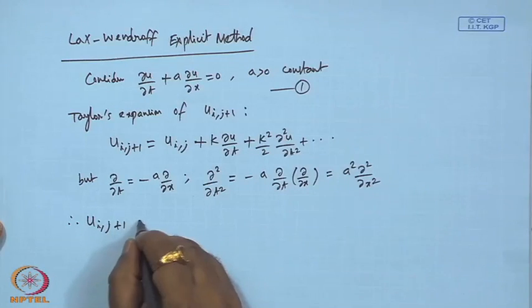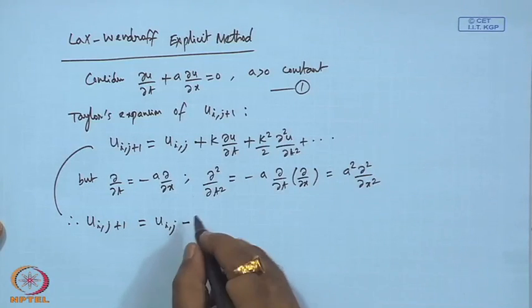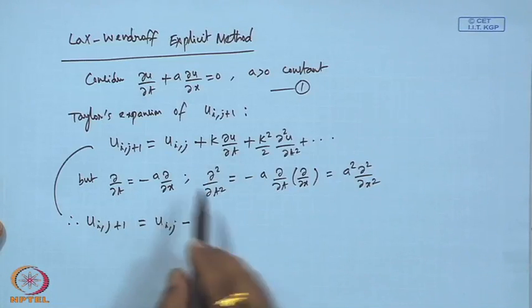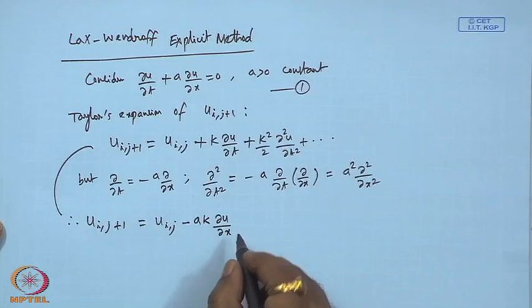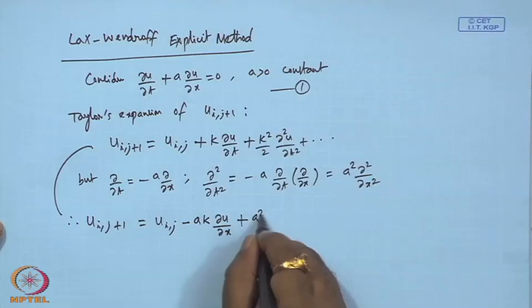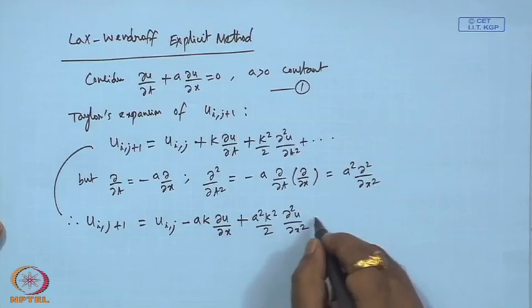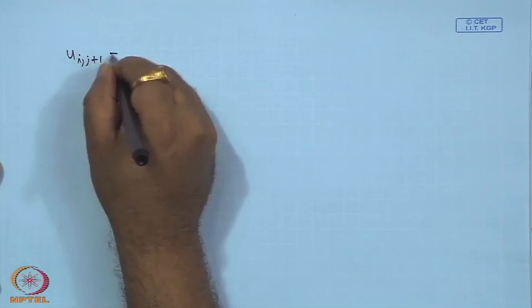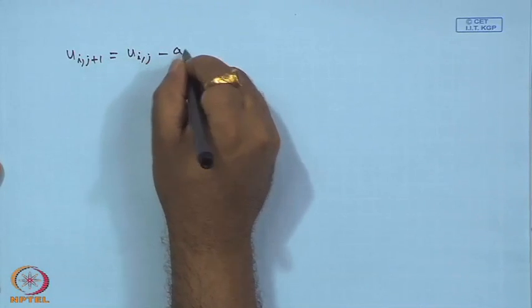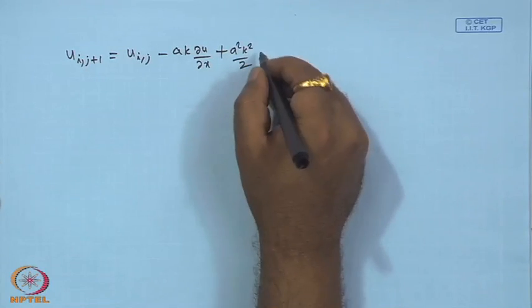u I j plus 1. So, we have this, u I j minus, we are substituting this a k and for this, okay. So, we have this.